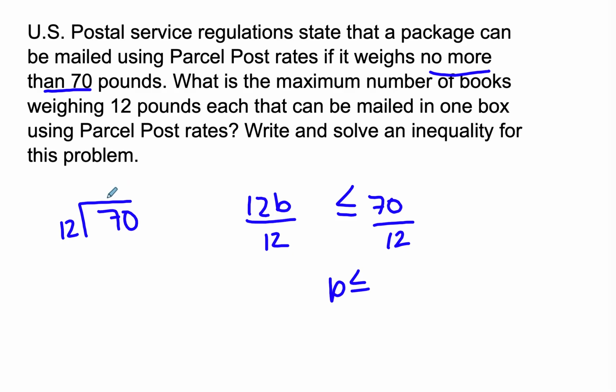12 does not go into 7 a whole number of times, does go into 70 5 times. Add a decimal, add a 0, bring it down. Actually, nope, I take that back. Let's just make it a mixed number.